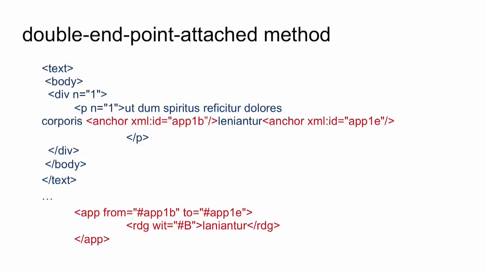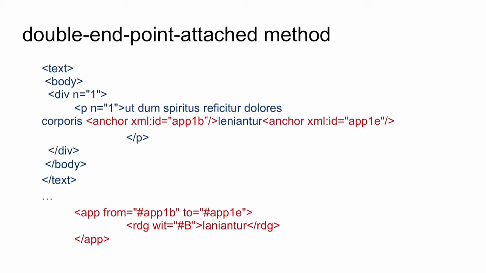Another interesting method is the double endpoint attached method. So in this case, with the same example, it's a bit more complicated because you have the same principle with an apparatus entry, app element. But this time you will mark up the beginning of the phenomenon and the end of the phenomenon with anchor elements, which are empty tags.